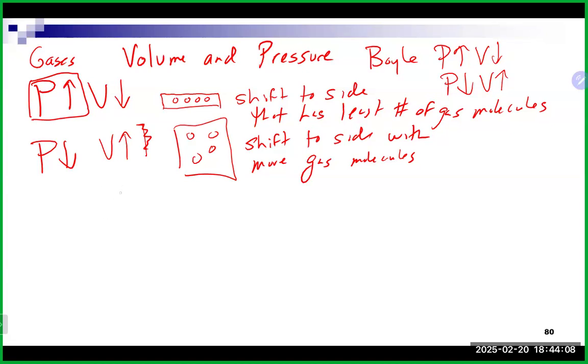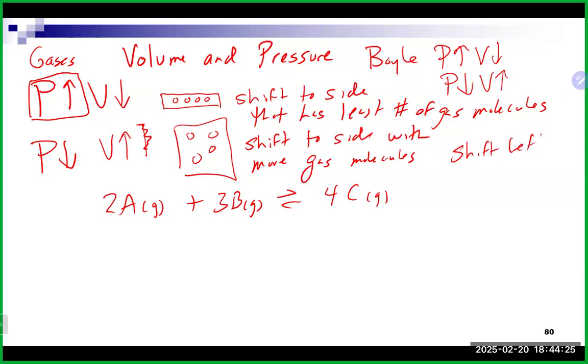All right, so let's just say I had my classic alphabet equation here, where A plus 2B goes to 4C. All right, so for each of these, tell me what's going to happen. Will it shift to the left? Will it shift to the right? Will we have no change? All right, let me write a few scenarios here. Give me a second before.